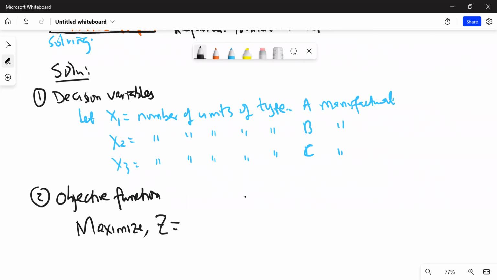And then Z is a mathematical function which tells us how much profit we're going to make.